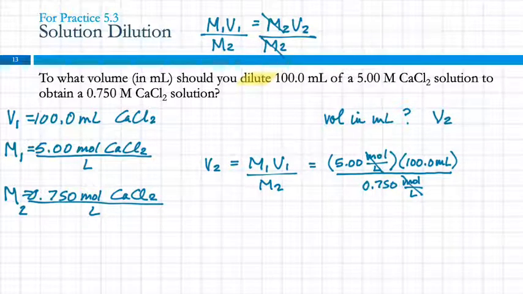If the units don't cancel out, then I need to do something with it. So I've got 5 times 100 divided by 0.75. And this gives me a really long number. V2 is 666.6, repeating forever, milliliters.